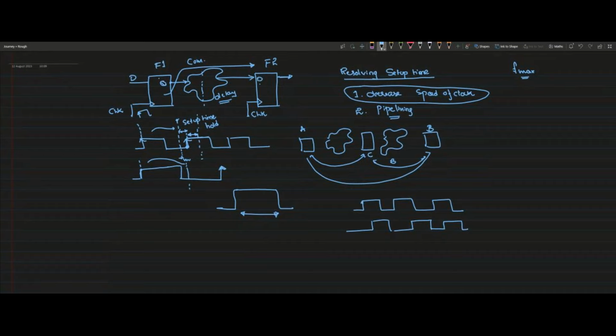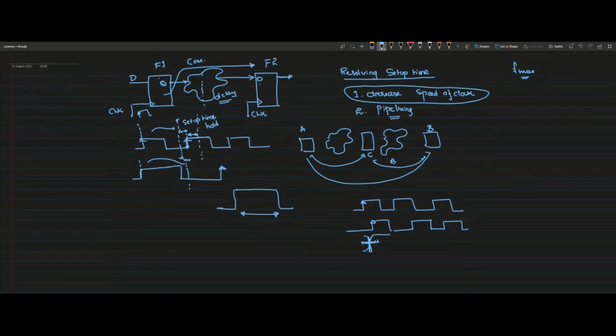If you are launching the data at these edges and capturing at these edges, at this point the data will still be taking some time to settle. If you try to capture the data while it is settling, you will see neither high nor low. It is the metastability state, an in-between state.